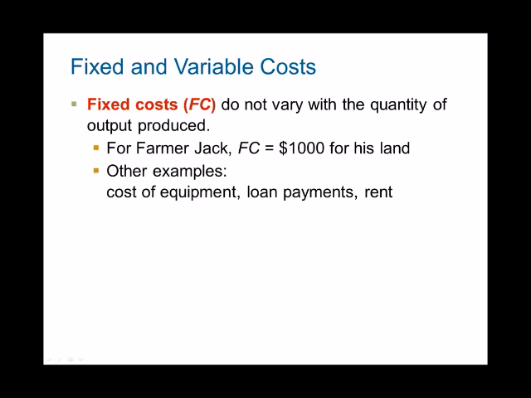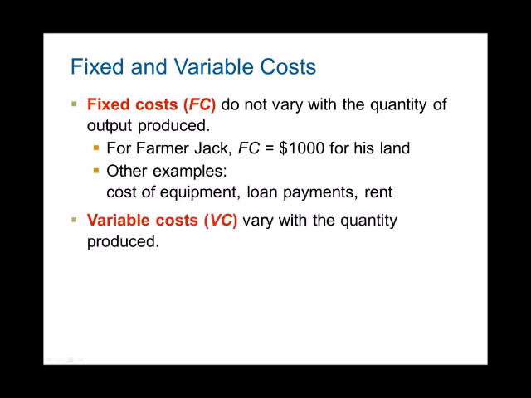Other examples are the cost of equipment. If we purchase equipment, the cost that we have to pay for renting that equipment, or loan payments, rents, all these are fixed costs. Variable costs, on the other hand, are the ones that vary with the amount that we produce. So, for Farmer Jack, variable cost is the wage.